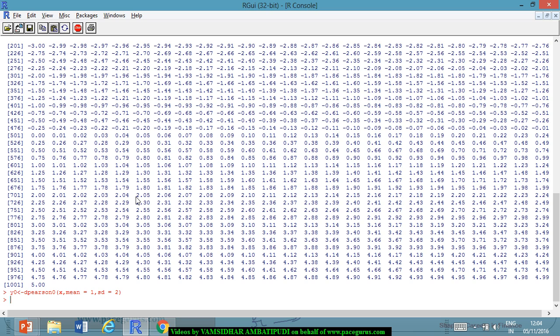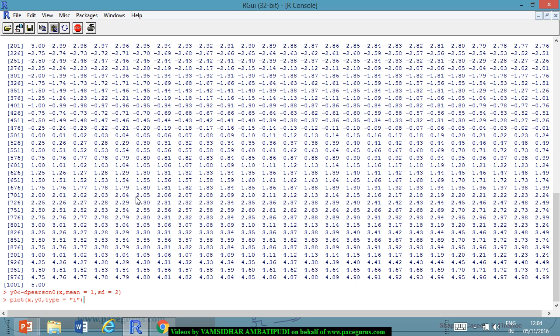Now if required, I can very well plot x comma y naught. I'll plot x comma y naught, wherein I'm trying to plot it as a line. I'll set the type to line instead of plotting the points.